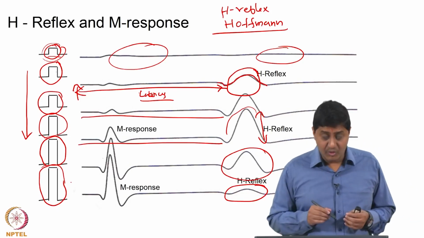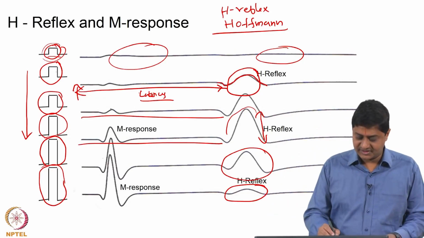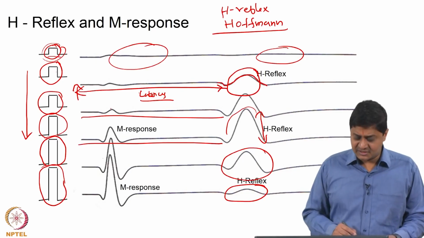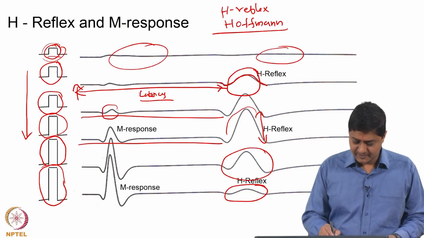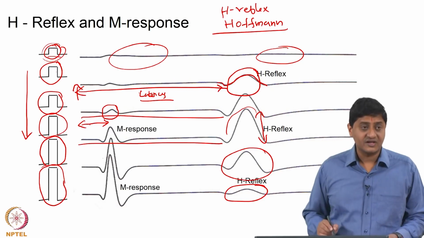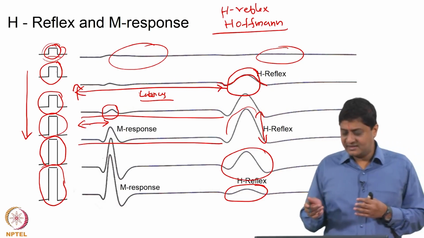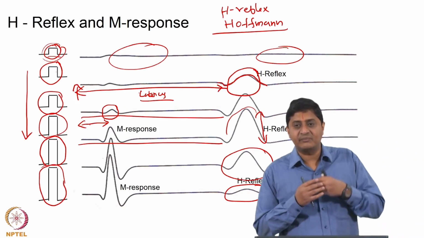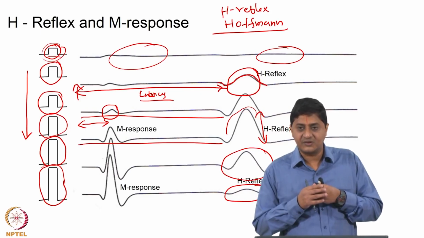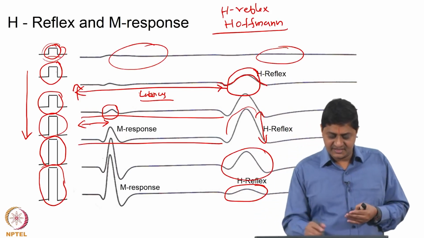But before that, there is one more thing that we need to discuss. Something else also happens, it seems. As the stimulus strength keeps increasing, I begin to see a response at a smaller latency. I said earlier that the H reflex is the monosynaptic reflex, monosynaptic pathway, and that latency is so much.